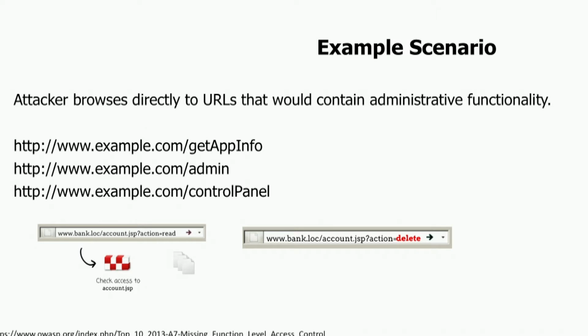Another example is if you look at this type of URL and say you are authenticated into a system as a patient in a healthcare application, but you know that there's a different URL within the system that you saw on the doctor's screen, and you type in the doctor's URL at the top of the screen.